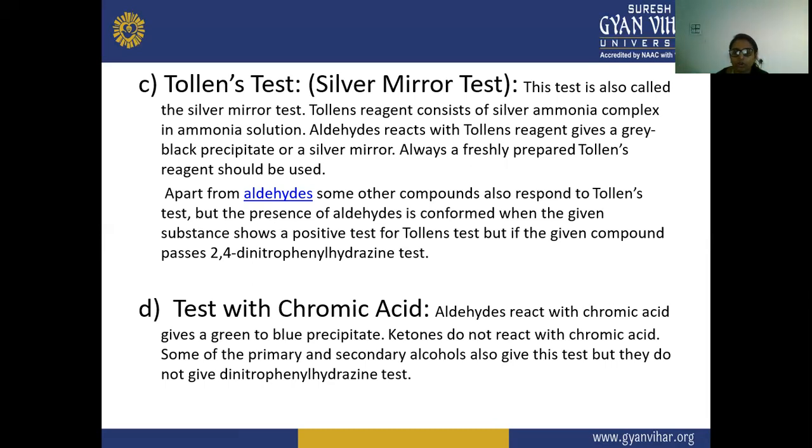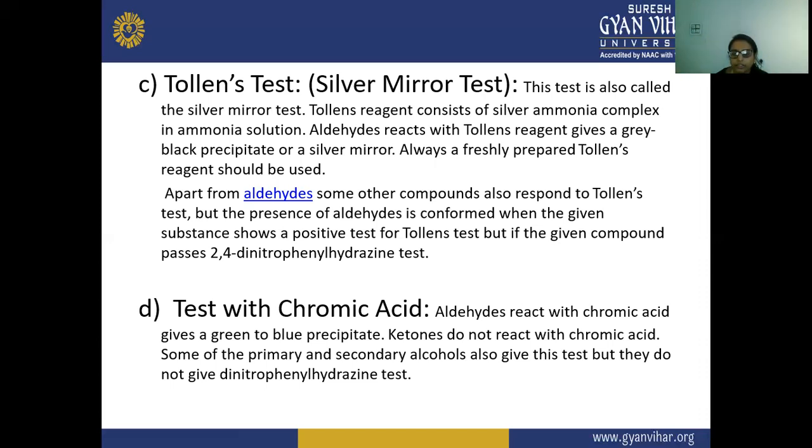That is why this test is known as the silver mirror test: the silver forms a complex with the ammonia in the ammonia solution, and the aldehyde reacting with this Tollens reagent gives a gray or black precipitate or a silver mirror.